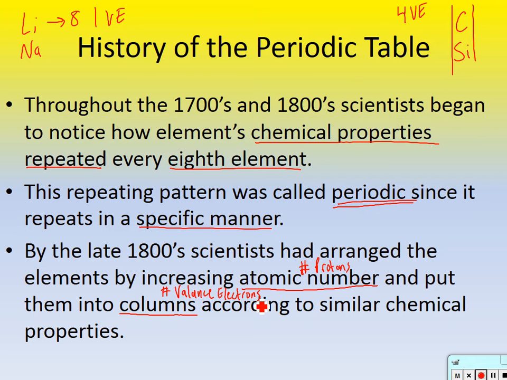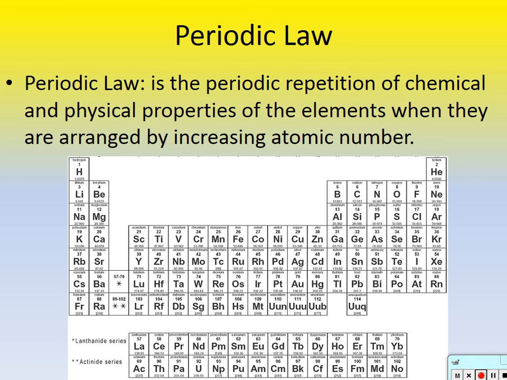That's what they were doing. Okay, so that's kind of how they started coming up. They discover an element, they put it according to its atomic number, and into columns according to similar chemical properties. There's this thing in chemistry called the periodic law. Let me give you a second to write this down, and then we'll talk about it.